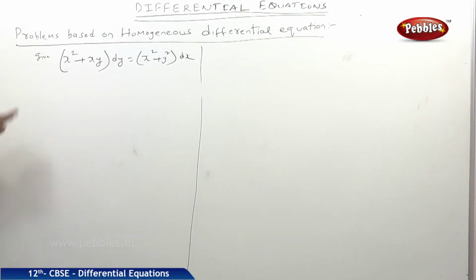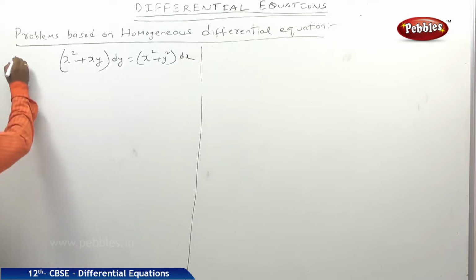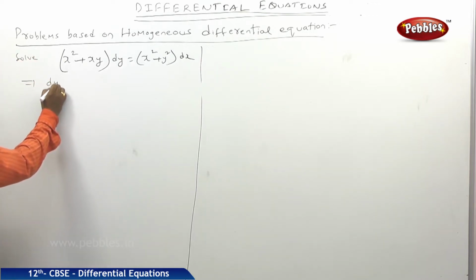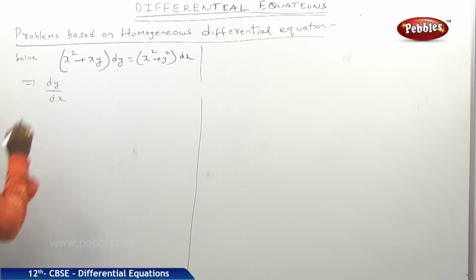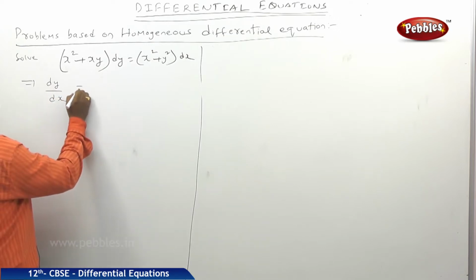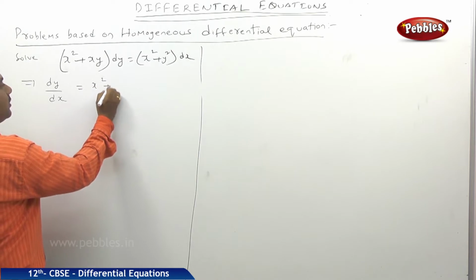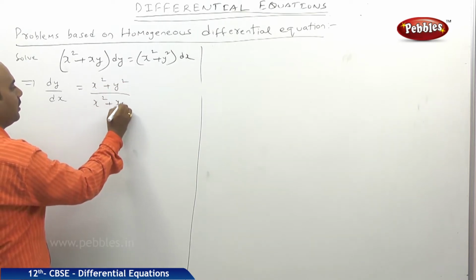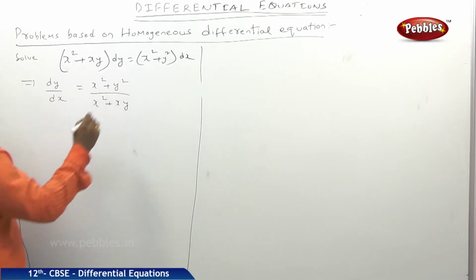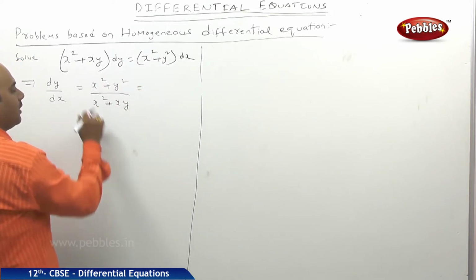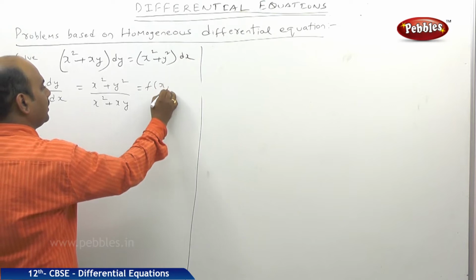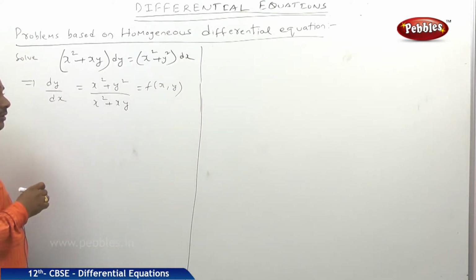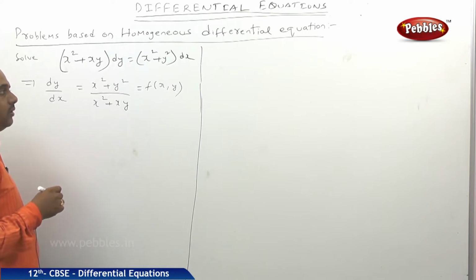Whenever this type of problem is given, I will make it dy by dx. So dy by dx is equal to (x square plus y square) divided by (x square plus xy). This whole part on the right hand side I will call f(x, y), and in rough we need to verify whether it is a homogeneous function or not.